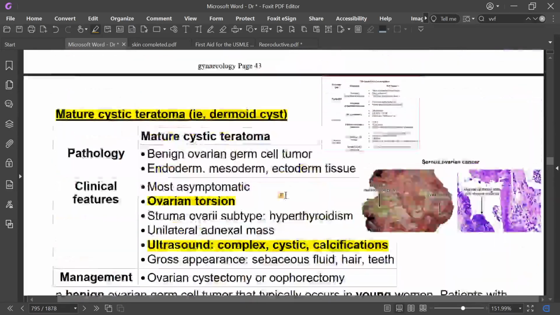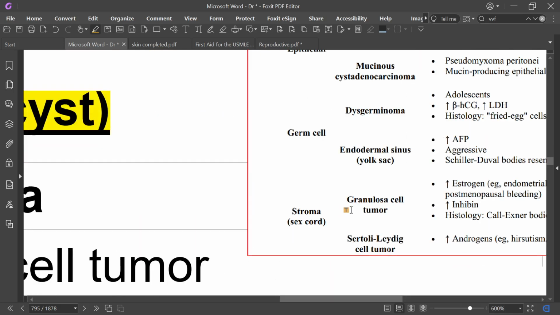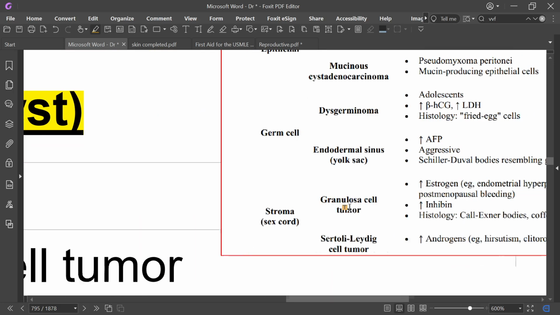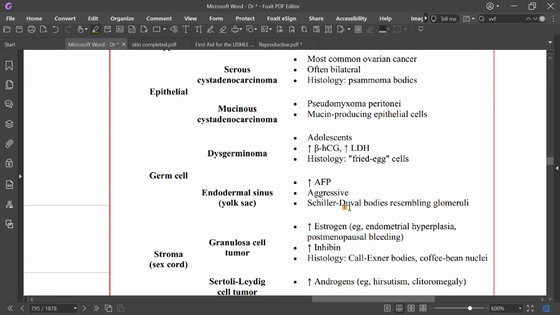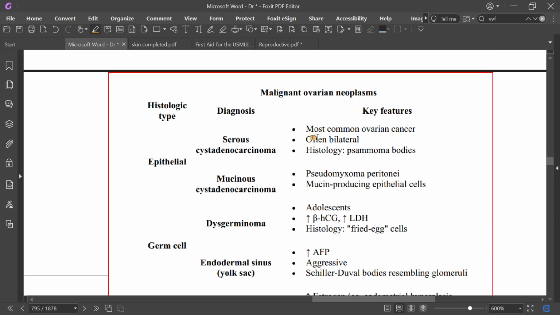Before jumping into this, I would like to discuss malignant ovarian neoplasms. In malignant ovarian neoplasm, epithelial types are serous cystadenocarcinoma, mucinous cystadenocarcinoma, and Brenner tumor. These three are of epithelial origin.